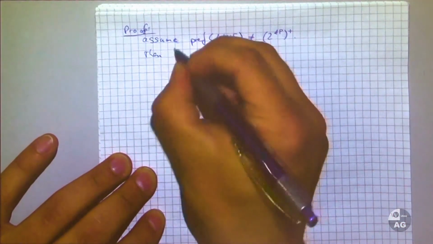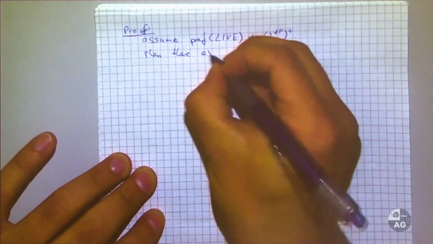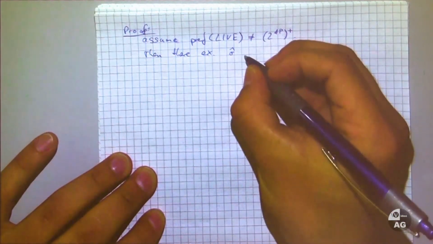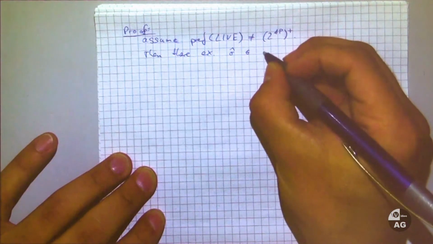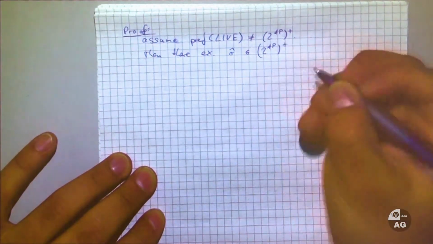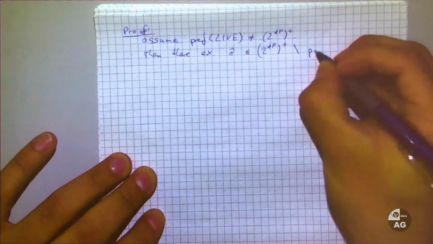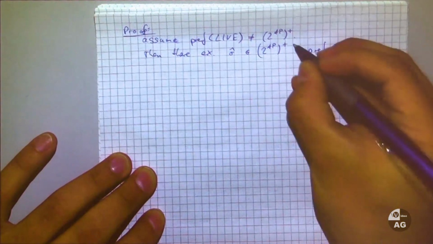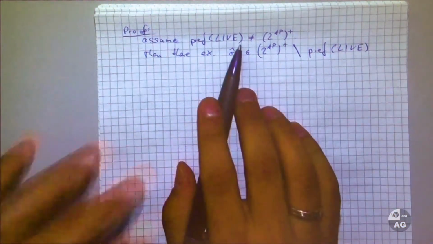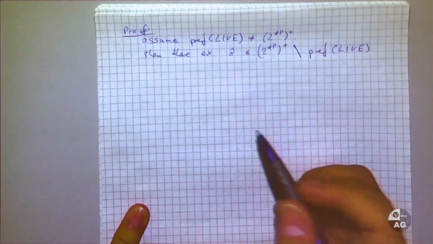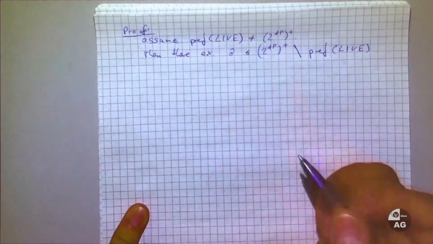Well, then we can take a finite word sigma hat, in (2^AP)^+, that is not a prefix of live. Because we said, if we have a finite word that's not a prefix of our liveness property, then we can take it.